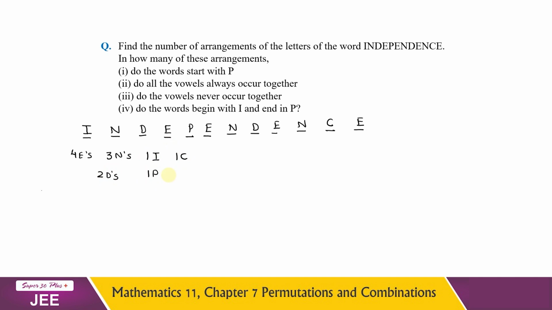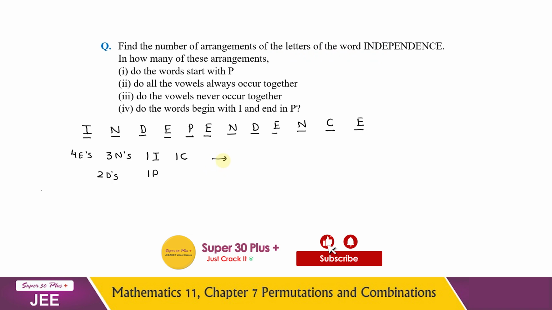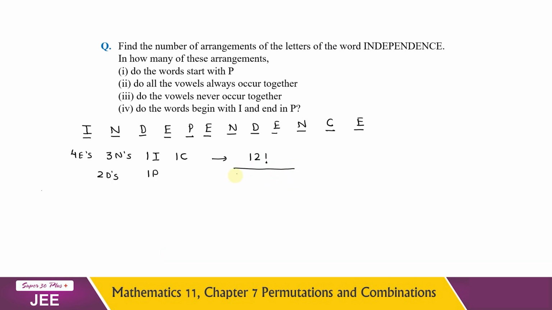Let's get started with the demand of the question. Even before the first part, we have been asked to find the number of arrangements of the letters of this word. In how many ways can we arrange the letters of this word? This can be done in 12 factorial divided by 4 factorial multiplied by 3 factorial multiplied by 2 factorial.